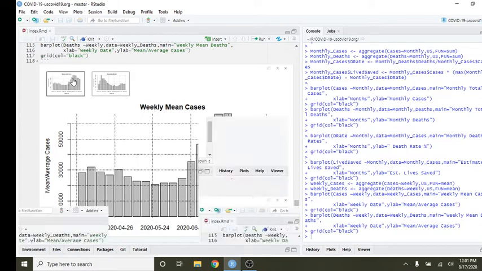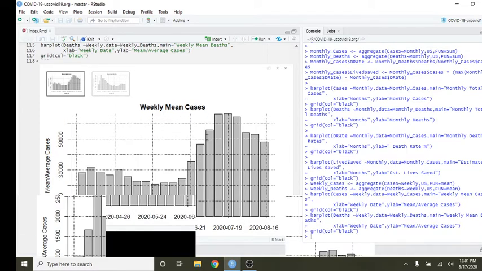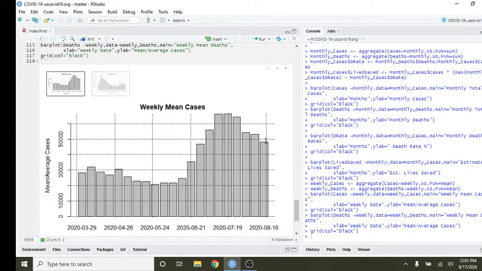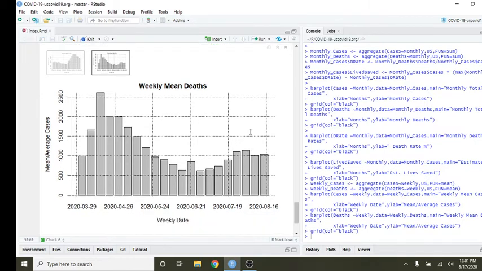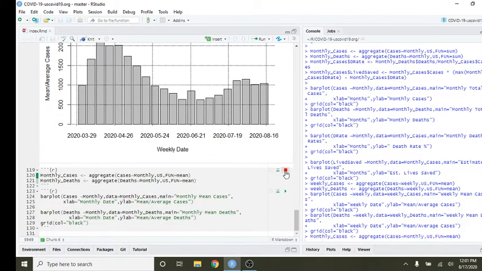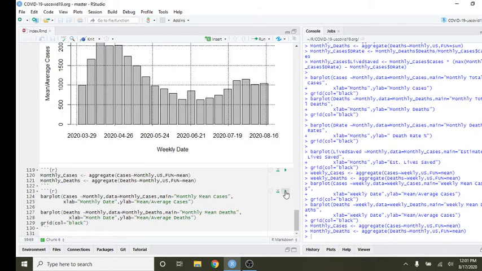Weekly, the average number of cases per week. You can see the average number of cases is declining, which is probably a good sign because it means that the daily totals are also declining. Deaths, again, we see that it's pretty much completely flattened out. Now let's take a look at the monthly averages.